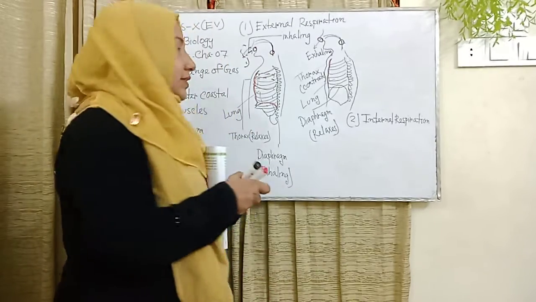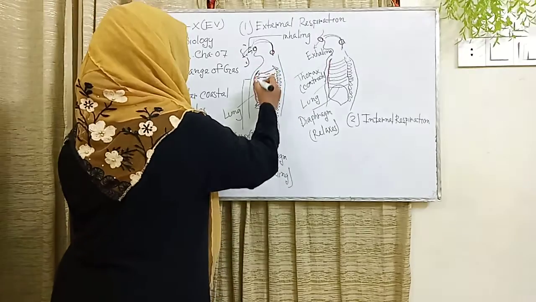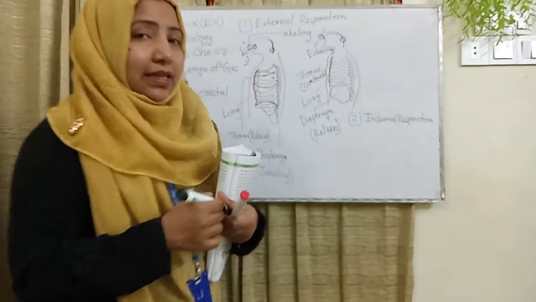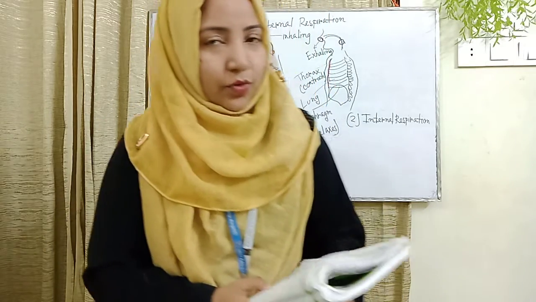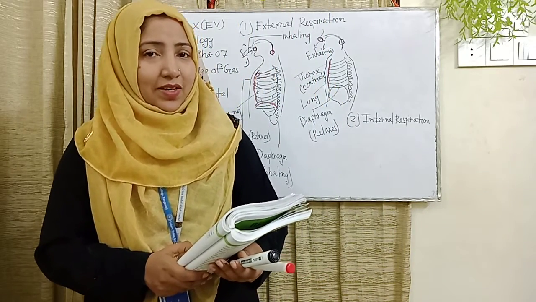When the lungs expand, air comes in through the nose and trachea. This is inhaling. What is inhaling? When the trachea and lungs expand, it is called inhaling.